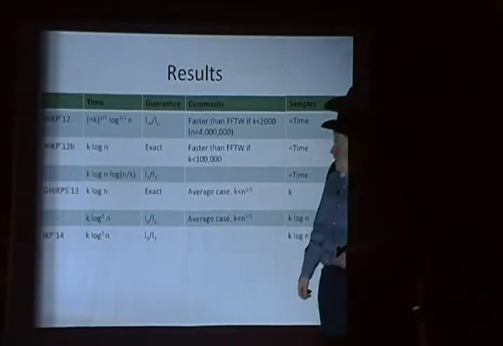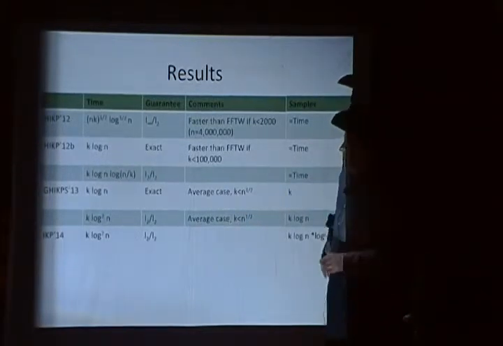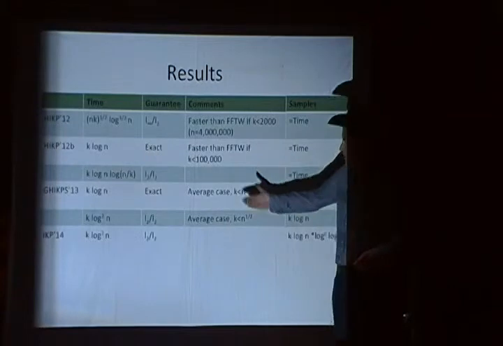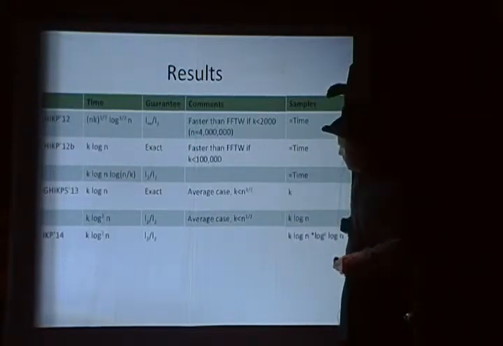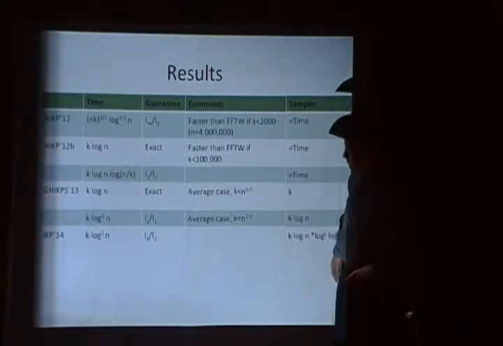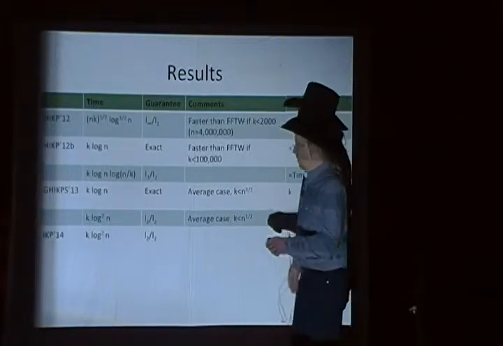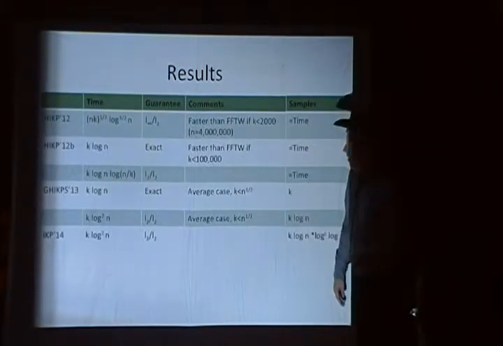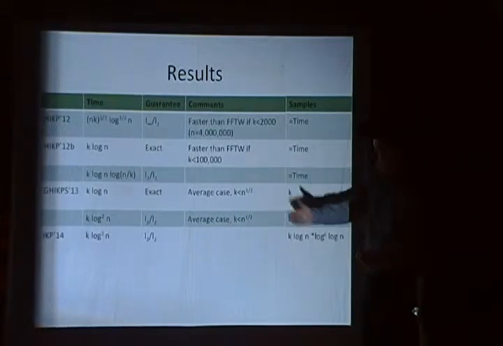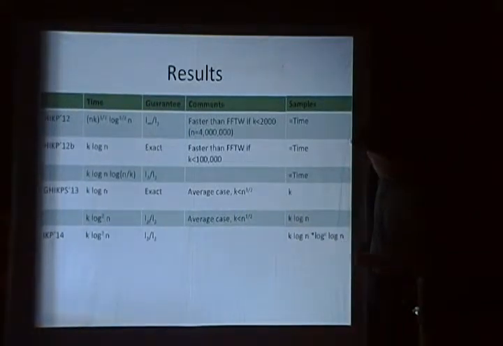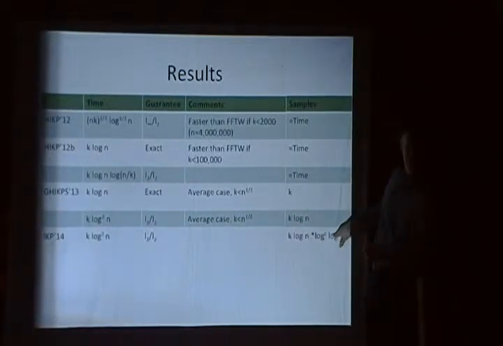And more recently, actually very recently, this is still a result which is accepted but not published, because the conference will be in January 2014, we managed to get basically a worst case variant of this algorithm, which is also very time efficient, and whose sample complexity is almost k log n. It's not quite, this is log to some power.